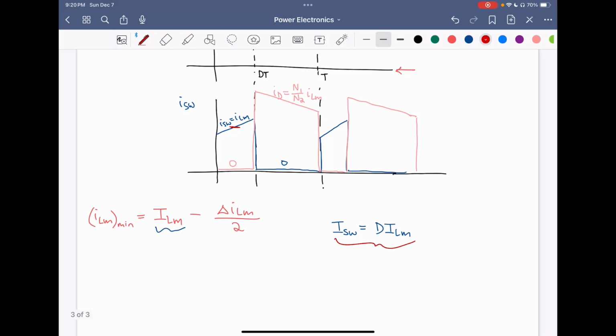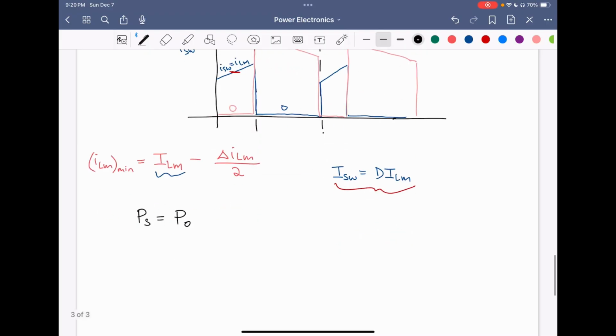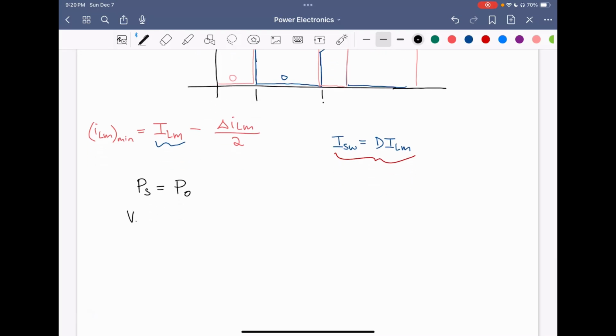And now, proceeding from here, another fact that we're going to leverage is that the output power is equal to the input source power. So the source power PS equals the output power PO. We're going to have the source voltage times the average source current equal to the output voltage squared over the load resistance. And now we can plug in some values.